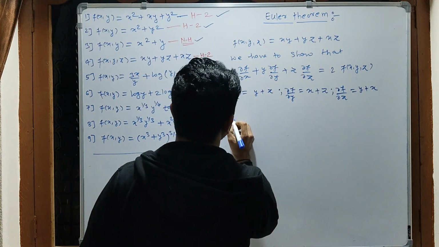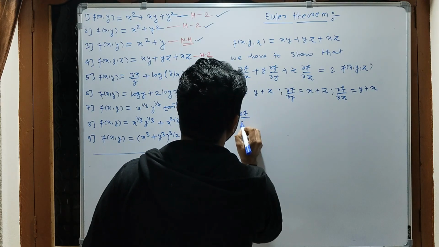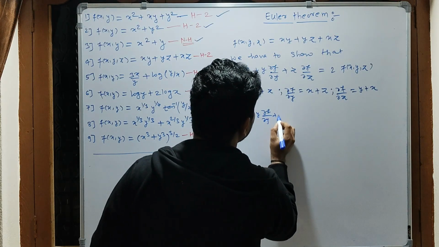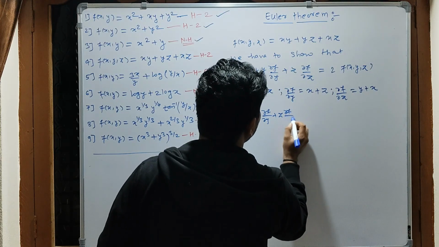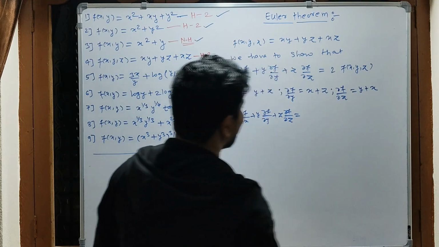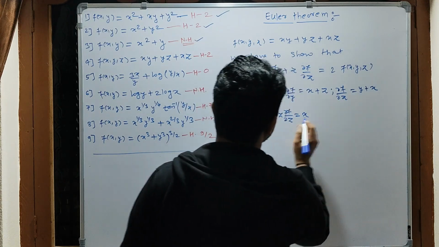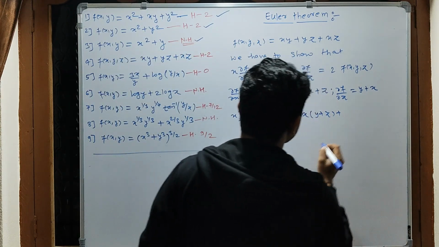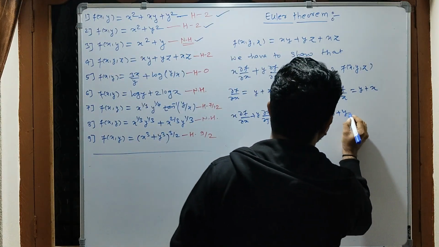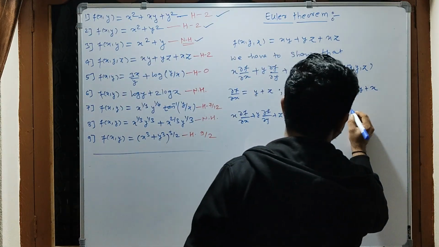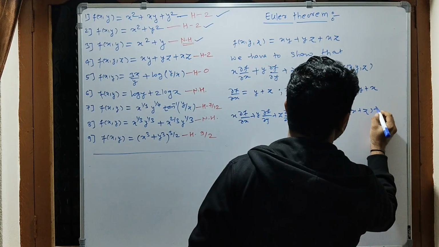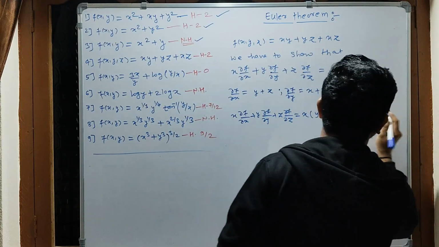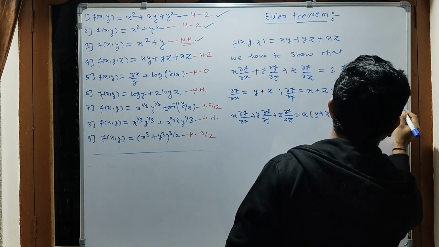Now according to this condition, x times ∂f/∂x plus y times ∂f/∂y plus z times ∂f/∂z equals x times y plus z, plus y times x plus z, plus z times y plus x.